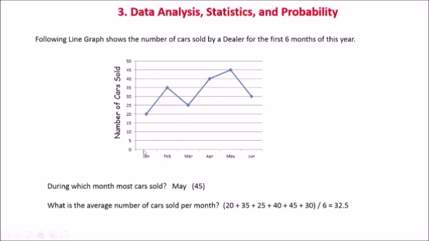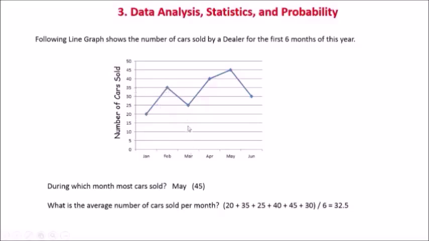In order for you to interpret this: in January, how many cars did the dealer sell? You go up in January, and then you go across, and you see that there are 20. So he sold 20 cars in January. And then February, you go up there, so that's a point, and then go across. So 35 cars in February.